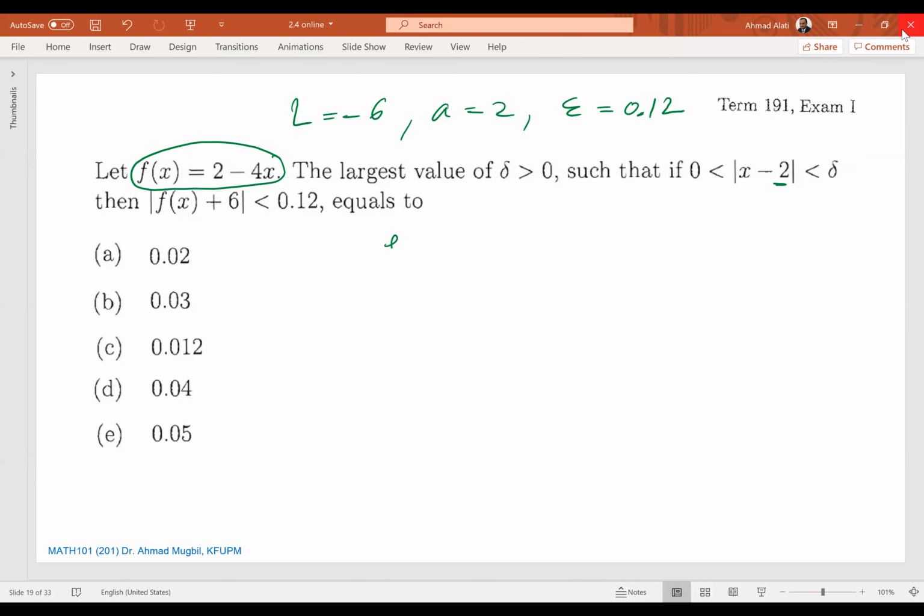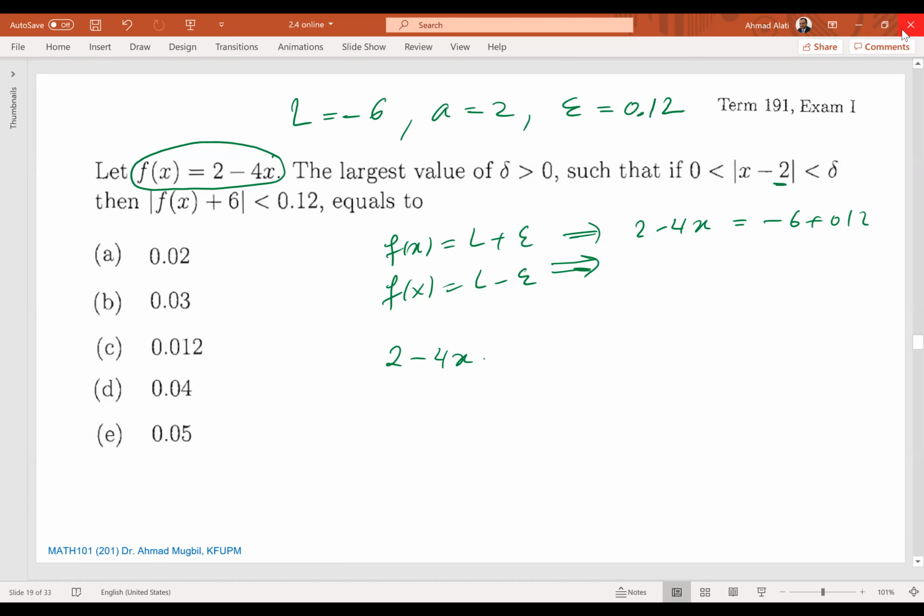You can use this: f of x equals L plus epsilon, and then f of x equals L minus epsilon, and solve them. This is one way. So you will have 2 minus 4x equals L plus epsilon. L plus epsilon will be negative 6 plus 0.12, and this will be the same. But of course, if you do it as I said, the absolute value of 2 minus 4x minus L, which is plus 6, is less than epsilon.